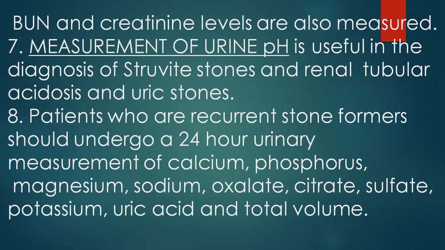Then measurement of urine pH is useful in the diagnosis of struvite stones and renal tubular acidosis and uric stones. Then recurrent stone formers should undergo a 24 hours urinary measurement of calcium, phosphorus, magnesium, sodium, oxalate, citrate, sulfate, potassium, uric acid, and total volume.